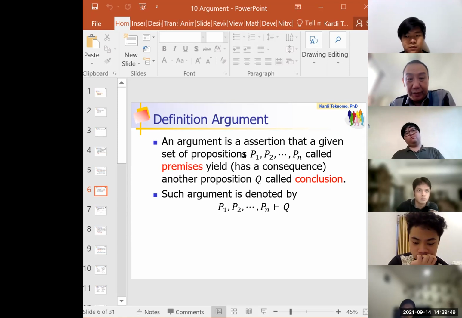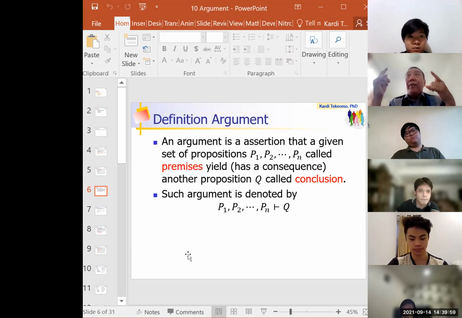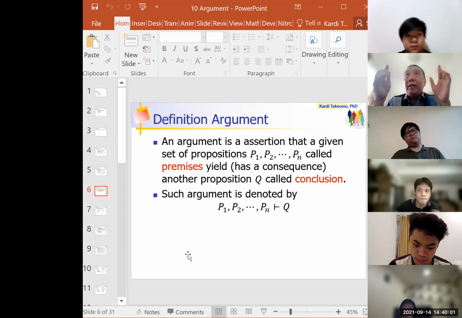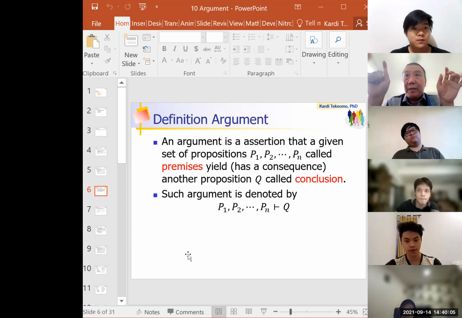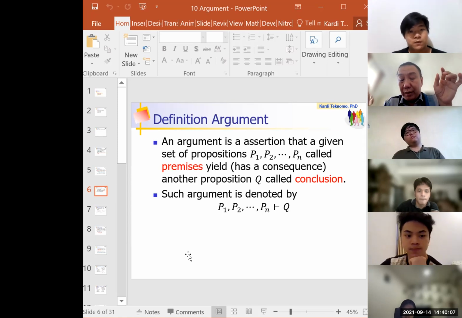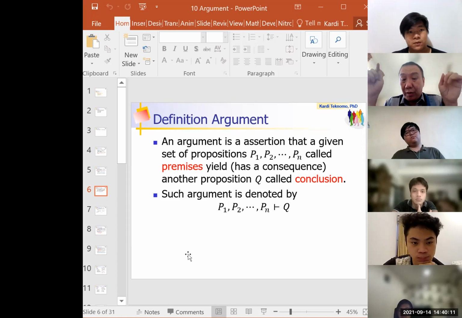Okay, so is it clear? This is the definition of argument. If you have an argument in the form of if premises, then conclusion, then basically an argument is just a logic of if then, isn't it?